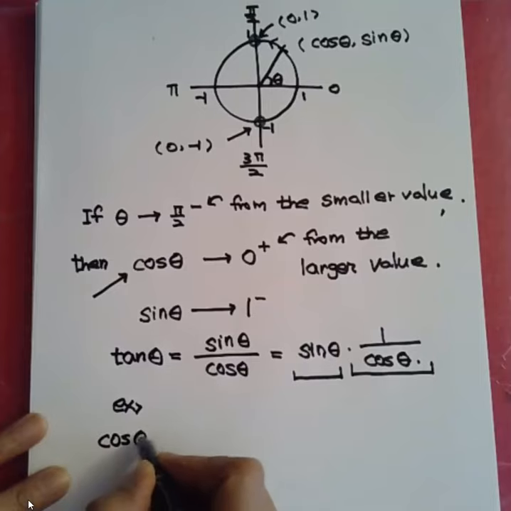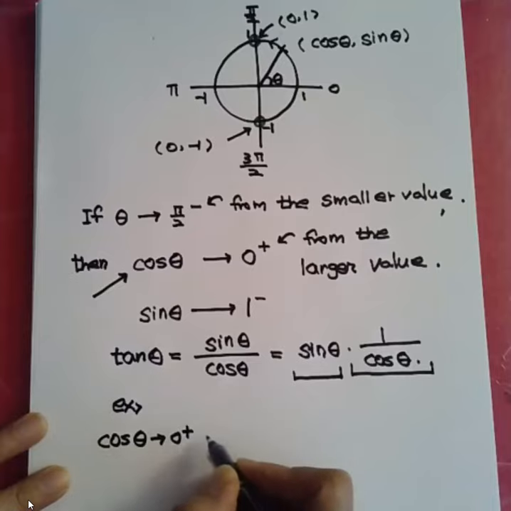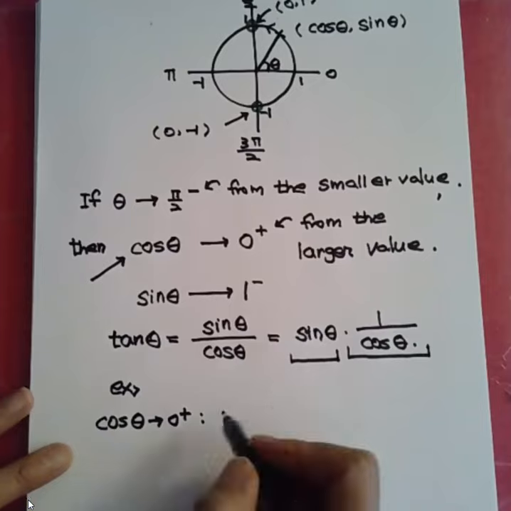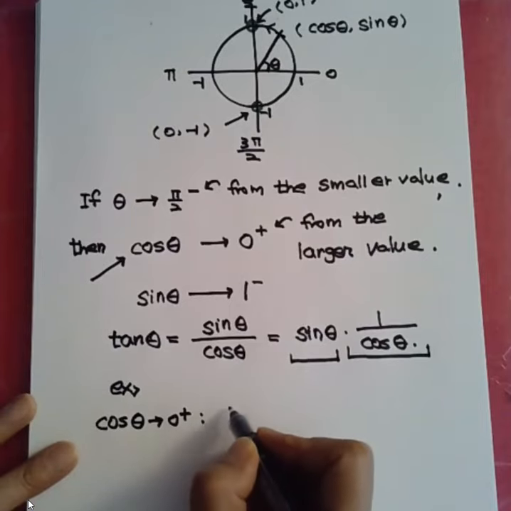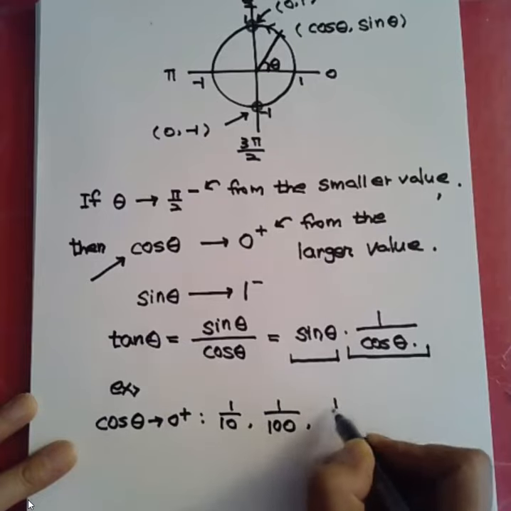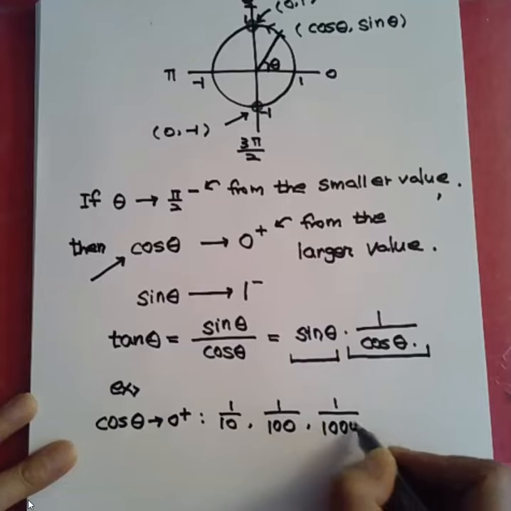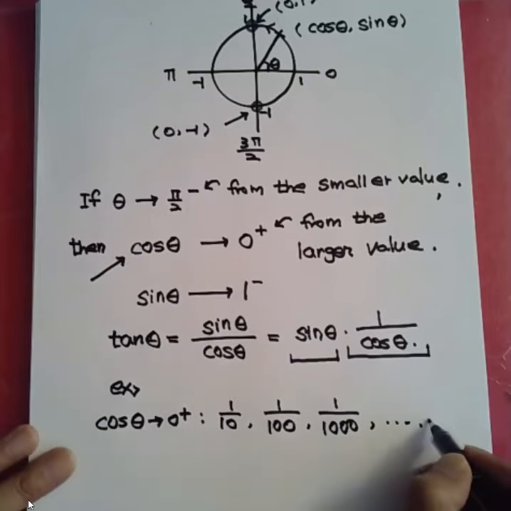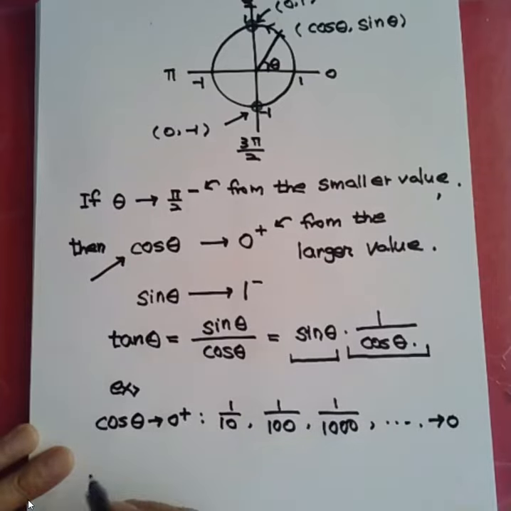Cosine theta goes to 0 from the larger value than 0. Then the example may be 1 over 10, 1 over 100, 1 over 1000, and so on. It gets smaller and smaller, and then approaches 0.